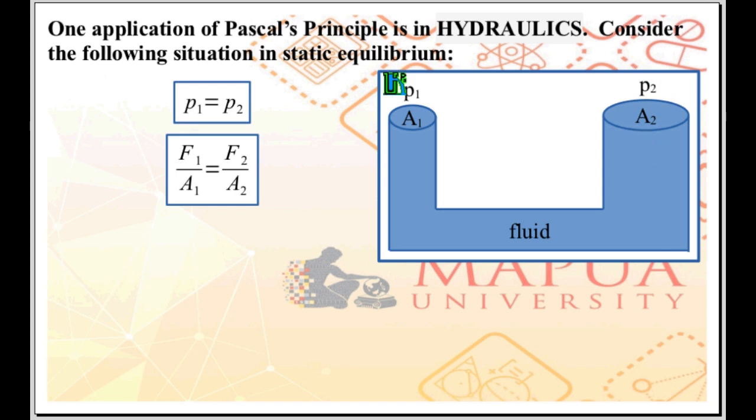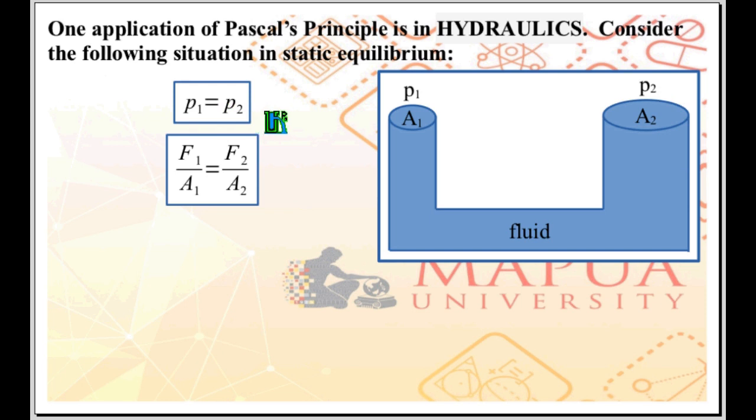Now, the system is in static equilibrium. The piston, for example, is in static equilibrium, which means the pressure above the piston is the same as the pressure under the piston. P2 equals P1.